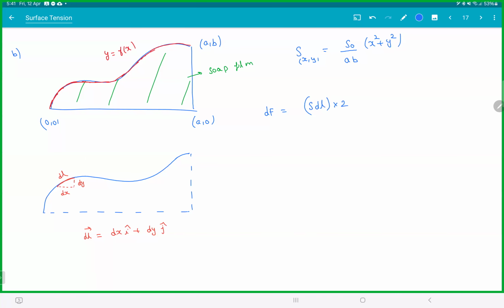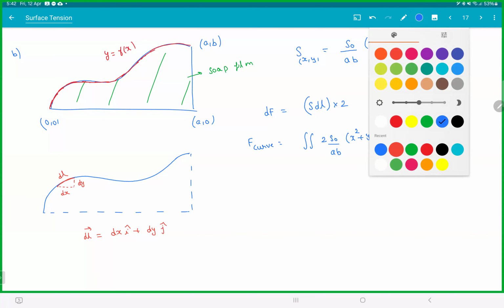So this is a force on that small arc. So force on the curve will be a double integral because we have both x and y. This guy will become 2 S naught by ab times x square plus y square, and this vector would be, now be careful here, the force on that component dx.